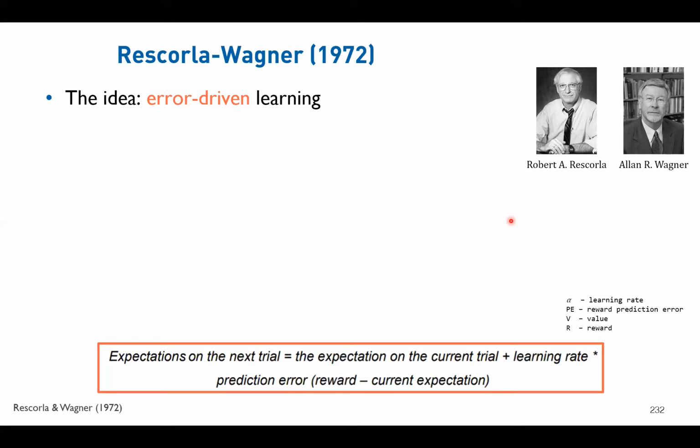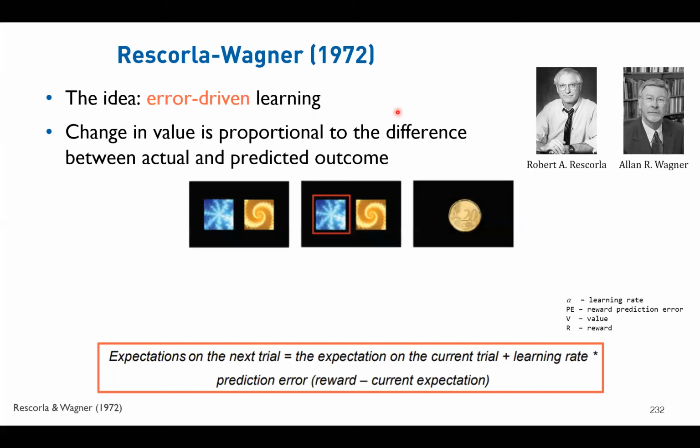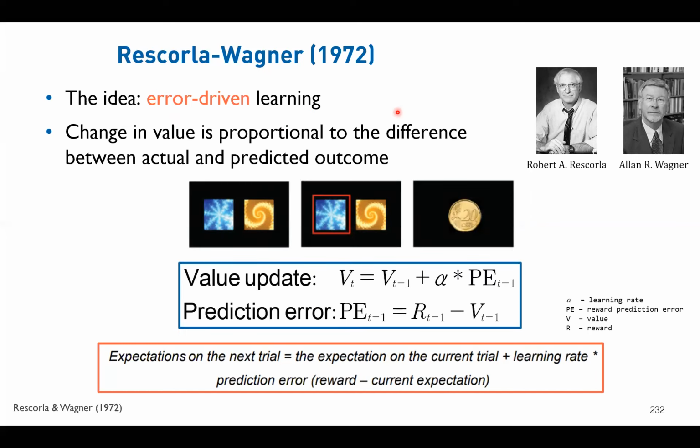So this is how it was used in the beginning, but it can also be implemented in instrumental conditioning. So in our case, the people have to make a choice. Here, the rough idea is that this is error-driven learning. What does that mean? Before participants see the outcome, they will have an expectation. And afterwards, they will see the outcome.